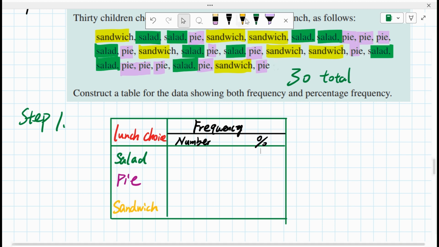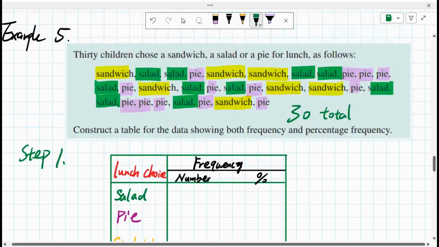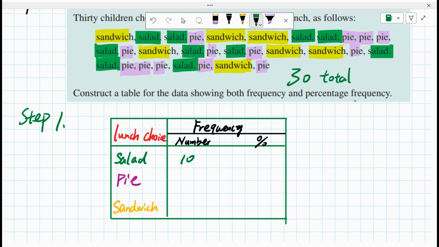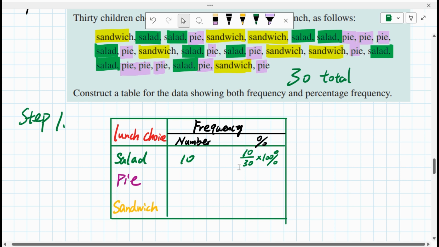I'm going to explain to you individually, okay? First thing, salad. How many salads do we have? 1, 2, 3, 4, 5, 6, 7, 8, 9, 10. So we have 10 salad, out of 30, which is 10 over 30, multiplied by 100%. Good.